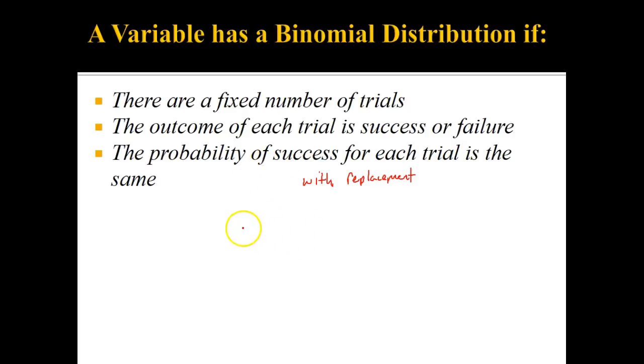But let's give the example of a bag with a bunch of marbles in it. Let's say some are red and some are white. Right now, the probability of drawing a red is 2 out of 5.